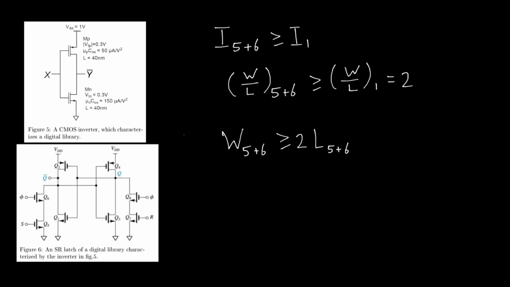So that's 2 times 40 nanometers, 2 times 40 nanometers, and that is the same as 160 nanometers. So in other words, the width of this transistor has to be larger than or equal to 160 nanometers.